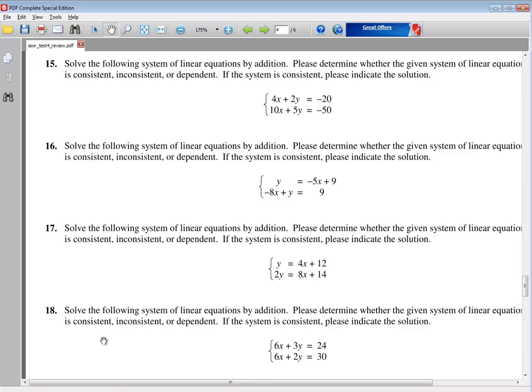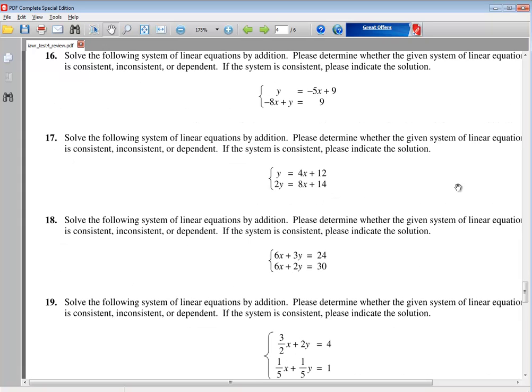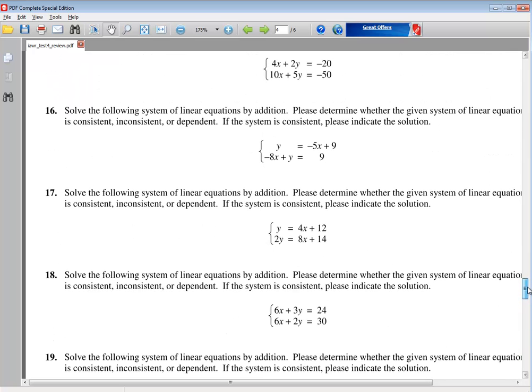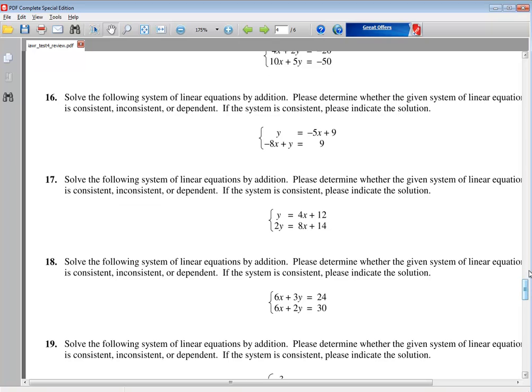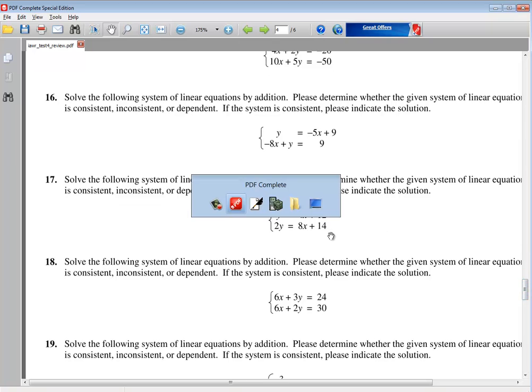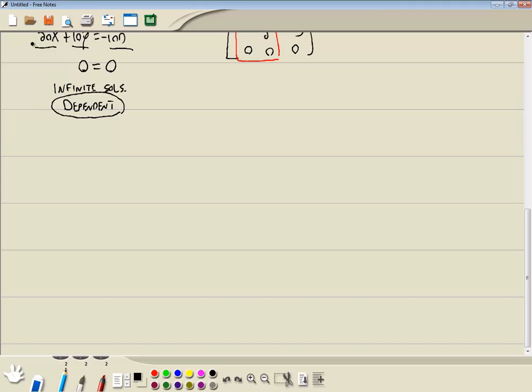Let's see, number 16. Let me start a new page. Probably have enough room.